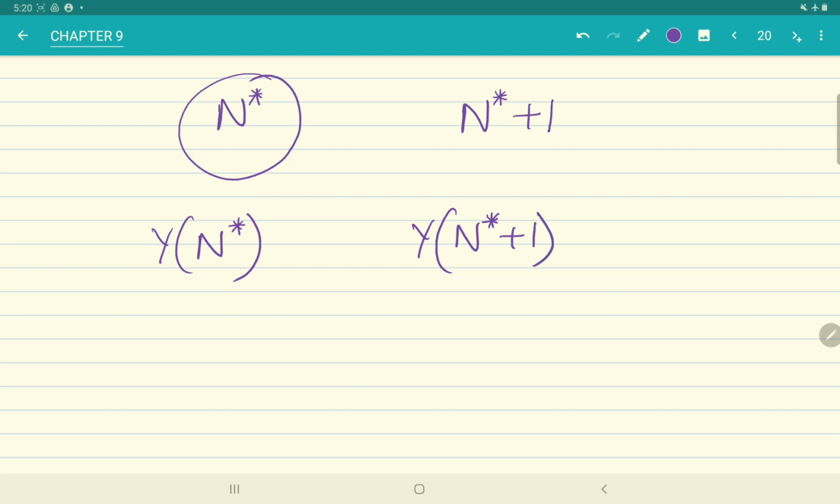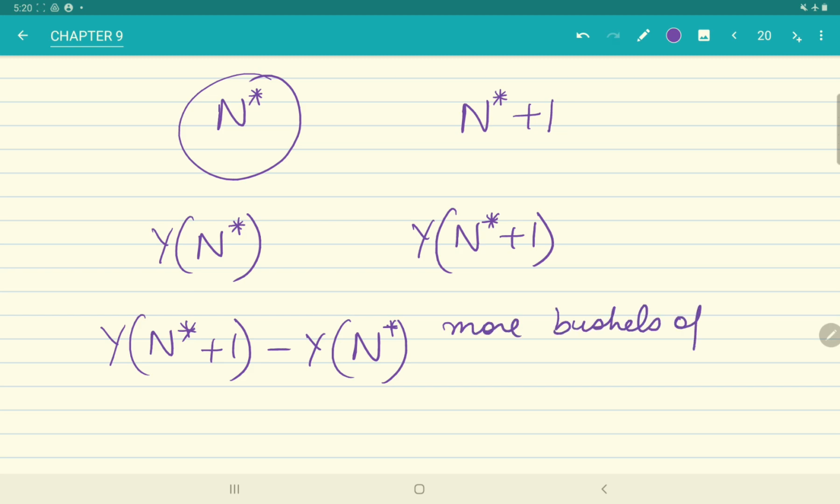So if n star is increased by 1 unit, how many more bushels of wheat are produced? These many more bushels of wheat are produced.